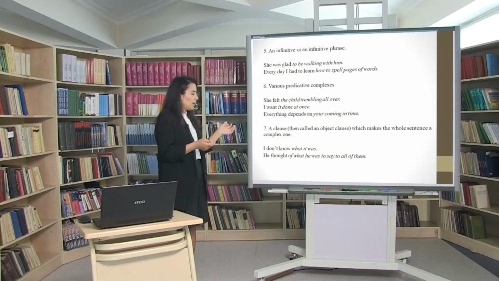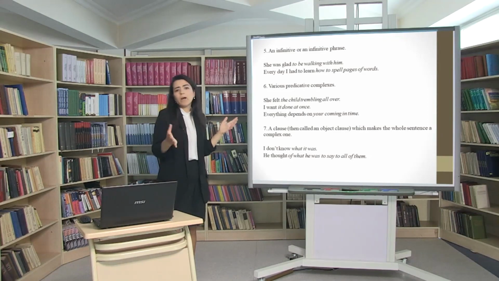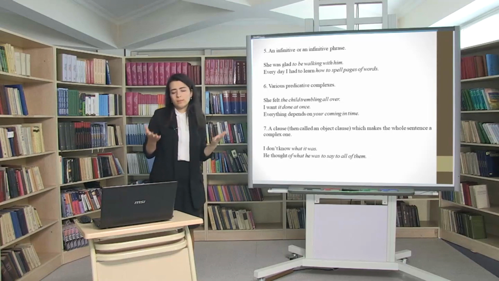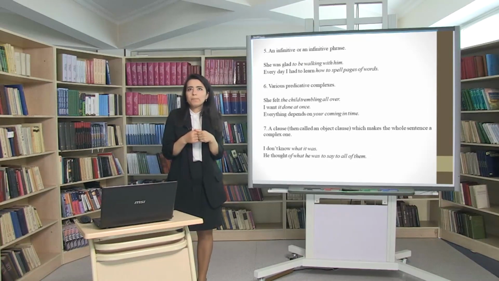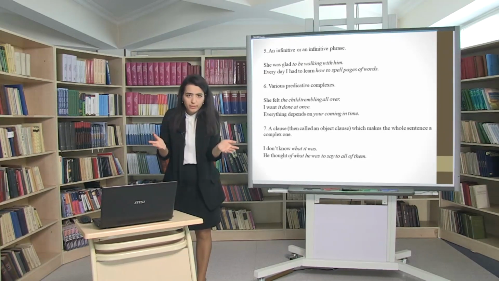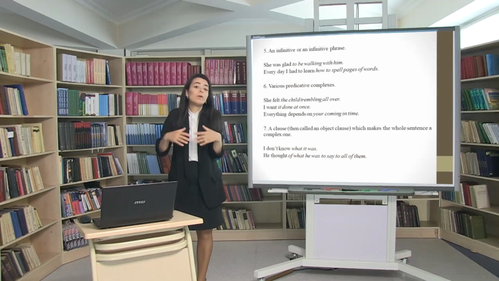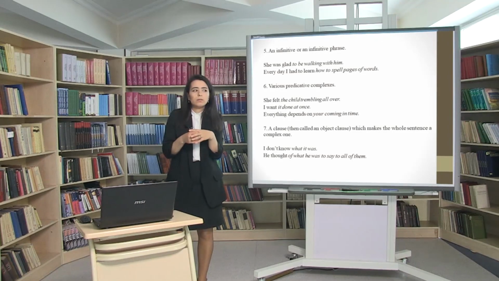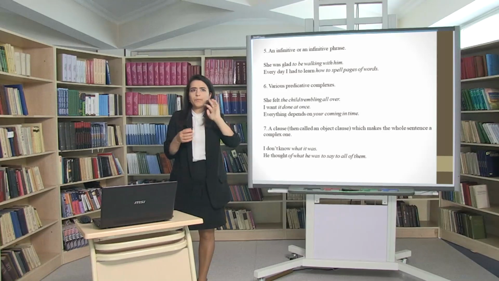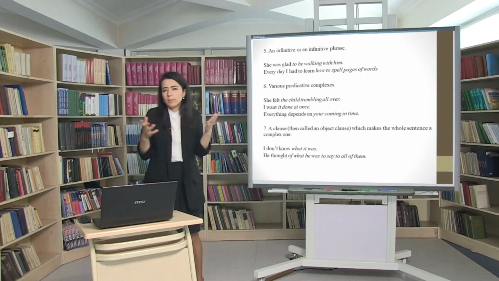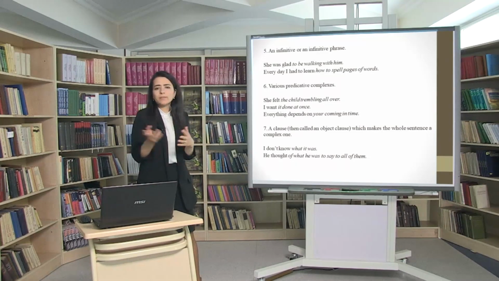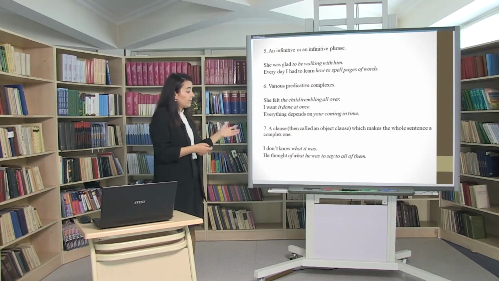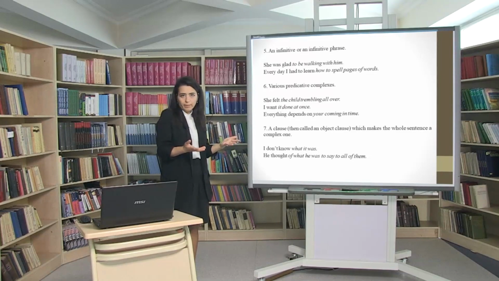For example, I don't know what it was, or I can say more examples. I don't know what your profession is, or I don't know where you study, or I don't know when you will arrive. Or he thought of what he was to say to all of them.